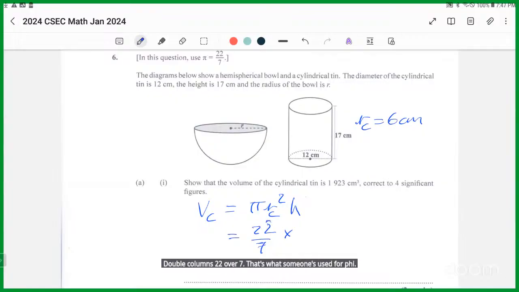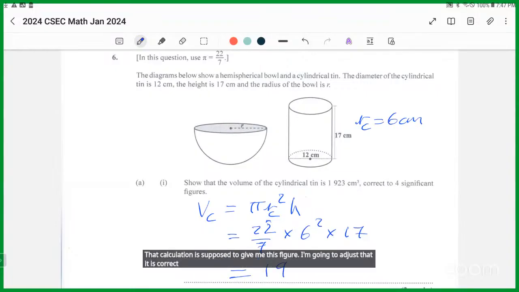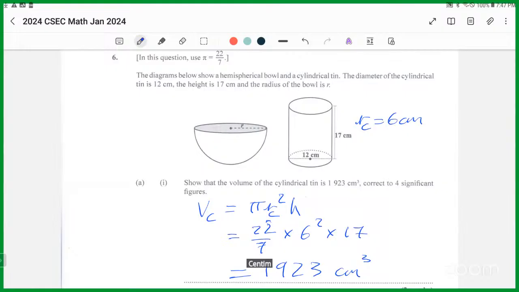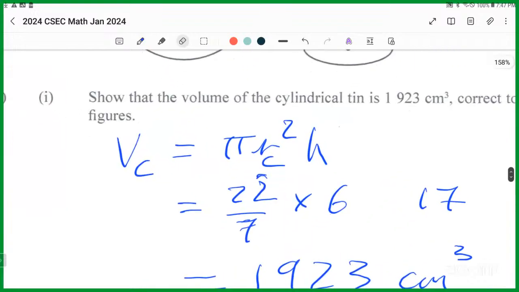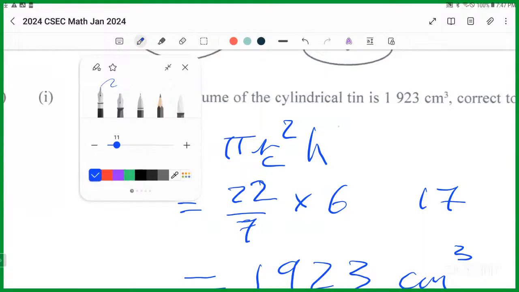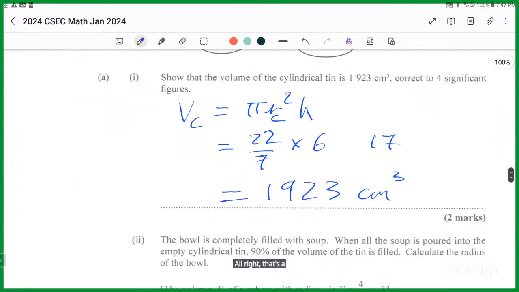Times the radius is 6, so that's 6 squared, times the height of 17. That calculation is supposed to give you this figure. I'm going to trust that it is correct and put 1923 centimeters cubed. That's what it is. All right, so that's the volume of the cylindrical tin.